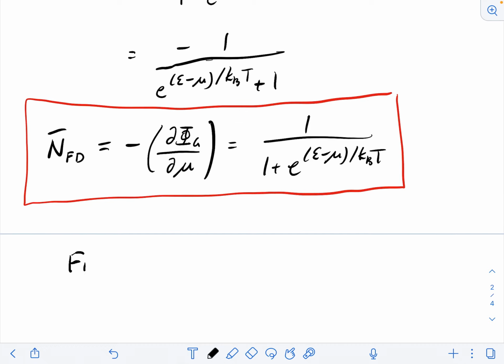So this is the Fermi-Dirac distribution.